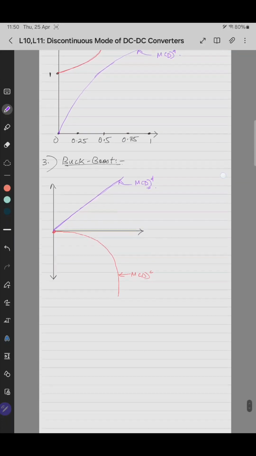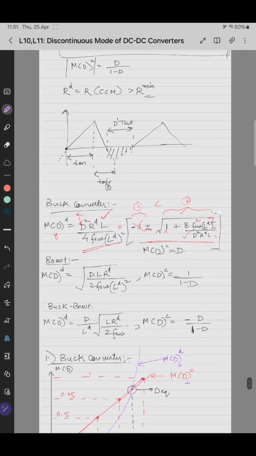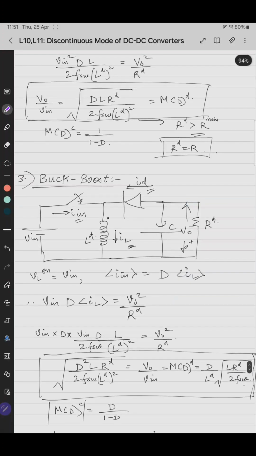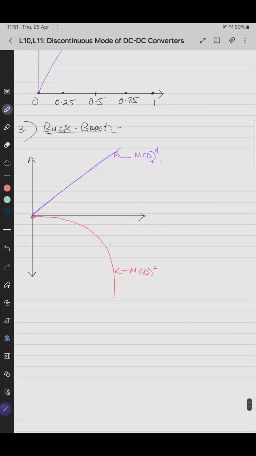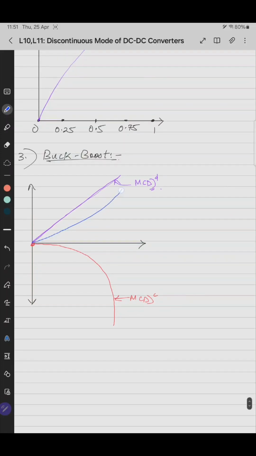Because the thing is, if we change the position of this switch like this, if we change the polarity from positive to negative, if we interchange it, then this waveform will move up. So it will be like this. This will be M of D of CCM.